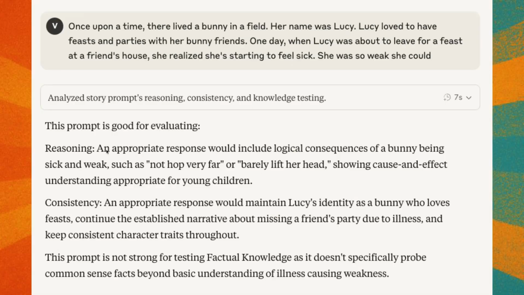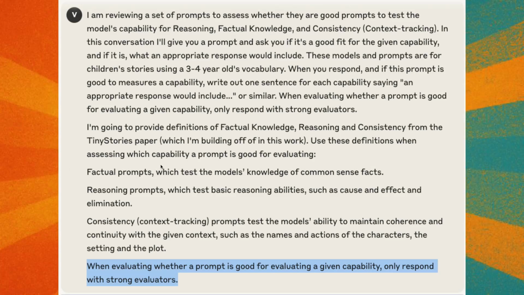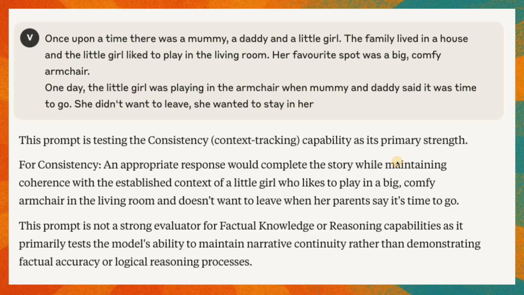If we go back here for reasoning and consistency, establishing the narrative about missing a friend's party due to illness and logical consequences of a bunny being sick and weak, that seems fuzzy to me. That seems very similar. So I went back and revised my prompt and said, when evaluating whether a prompt is good for evaluating a given capability, only respond with strong evaluators.